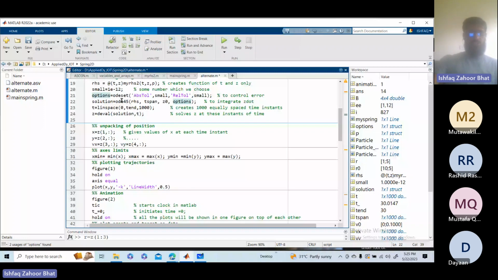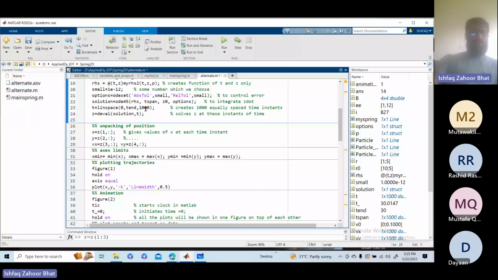Once you get the solution, you define your time, and then you get the Z value. Here this RHS is nothing but Z dot, and the ODE is integrating that Z dot, and integrating Z dot will give the Z value. So basically the solution is nothing but the Z value, and that is what I am taking here.